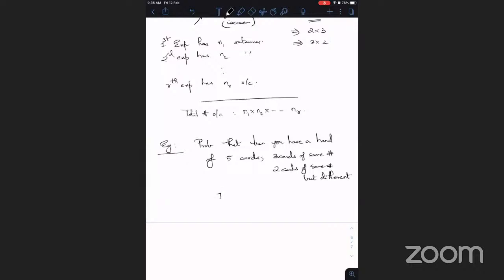So for example, this would be a valid outcome for this experiment. I mean, this would be an outcome which is in the valid event that we are looking at.